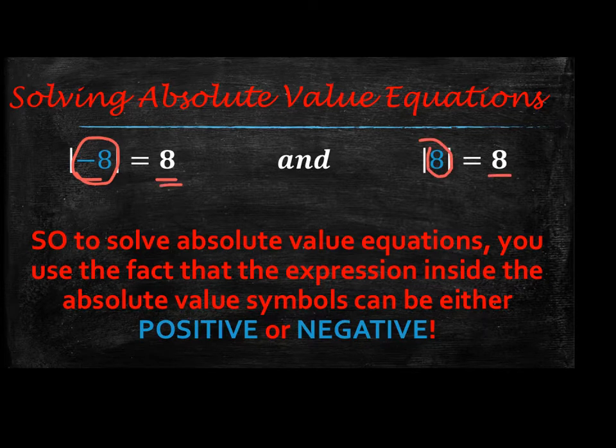So in order to get this answer, we have two options. The inside of the absolute value can be equal to the negative of that number, and what's inside the absolute value bars could be equal to the positive number. So we're going to use this information to solve absolute value equations.